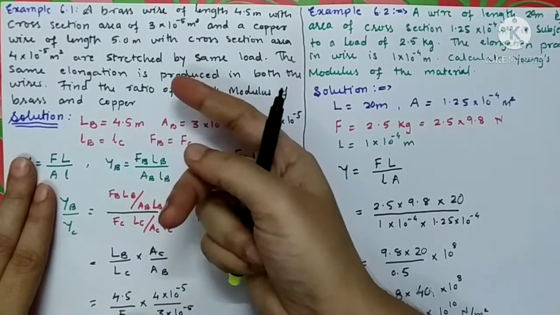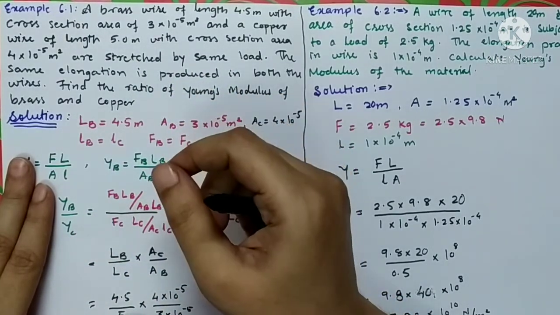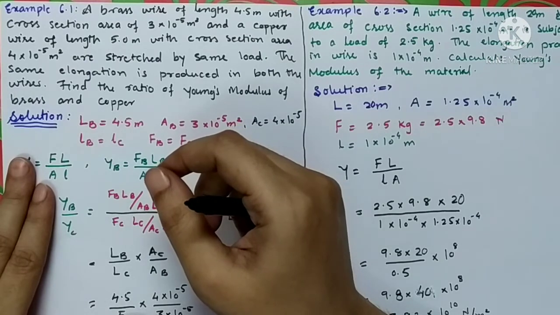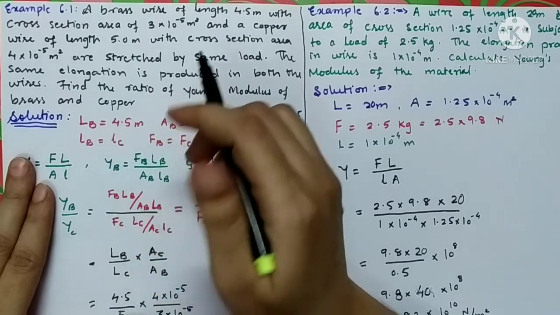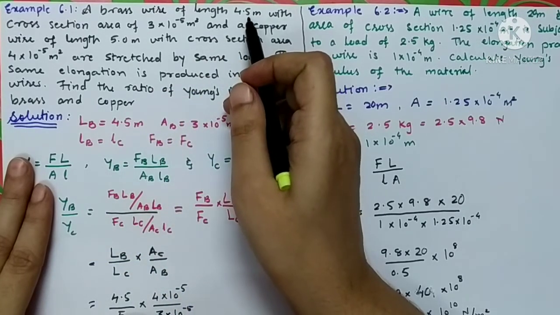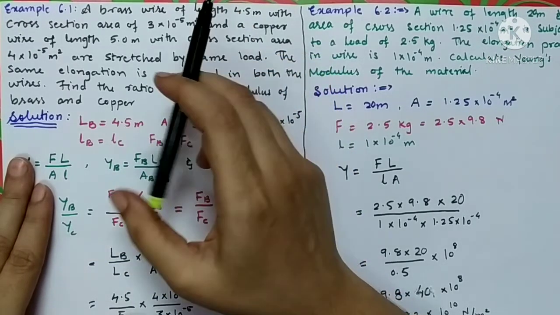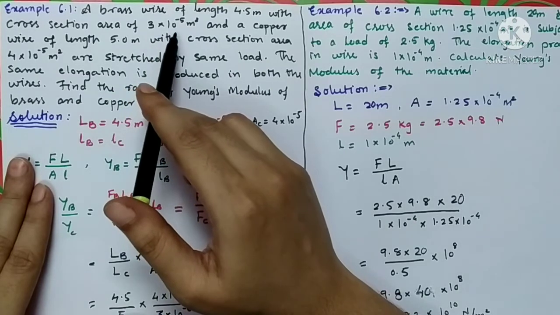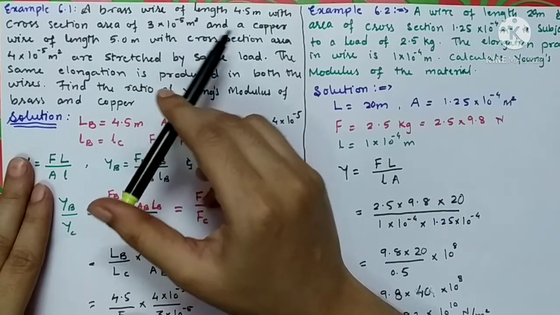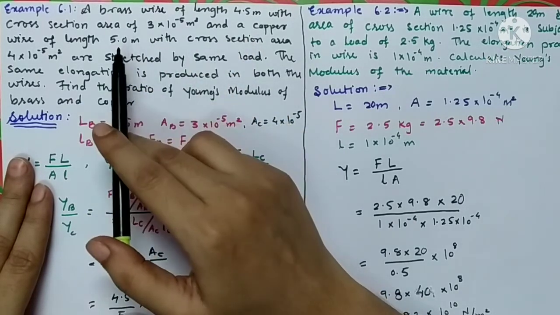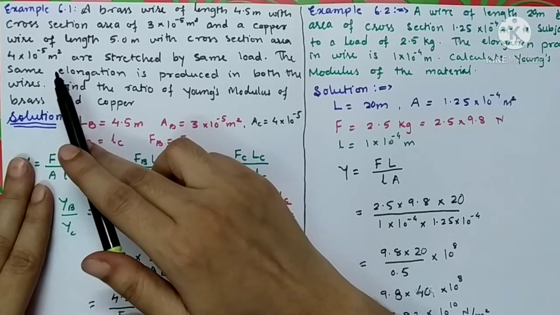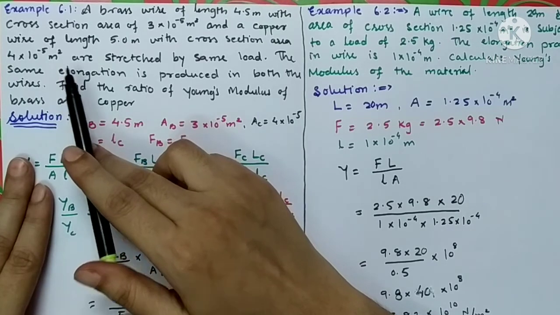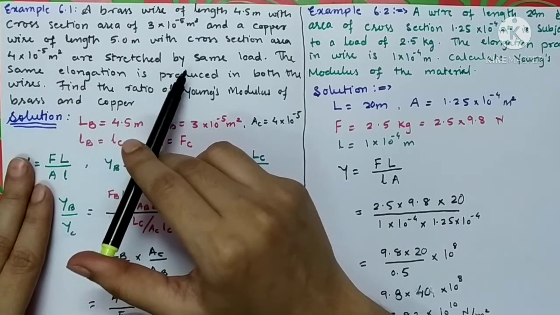There are two wires. One wire is of brass and the other wire is of copper. The brass wire's original length is provided, it is 4.5 meter, and its cross section area is also provided. Similarly, for the copper wire, the original length is provided and its cross section area is also provided, and they are attached to the same load.